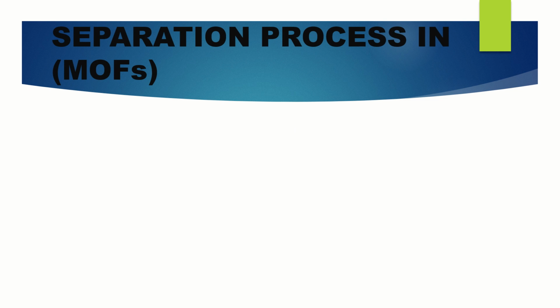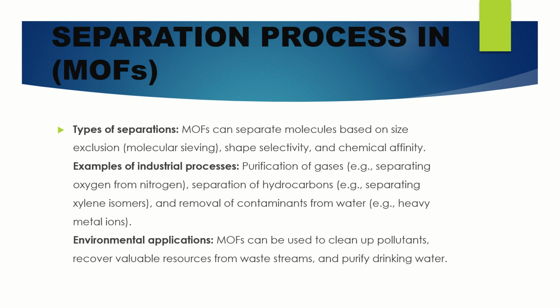Separation process in metal organic frameworks. Types of separations. Metal organic frameworks can separate molecules based on size exclusion, that is, molecular sieving, shape selectivity, and chemical affinity.